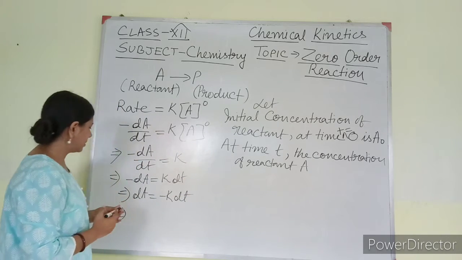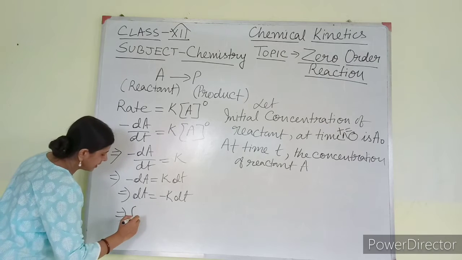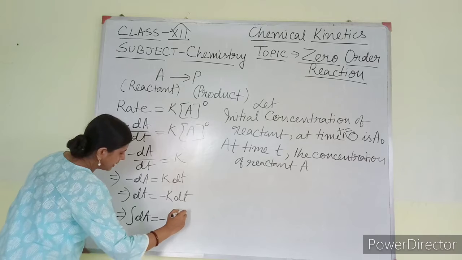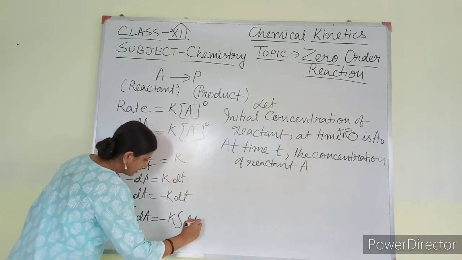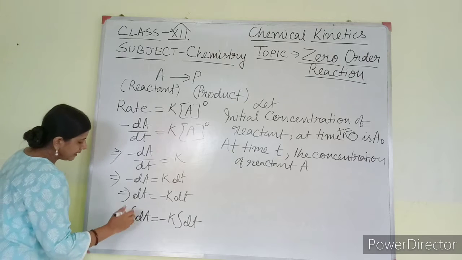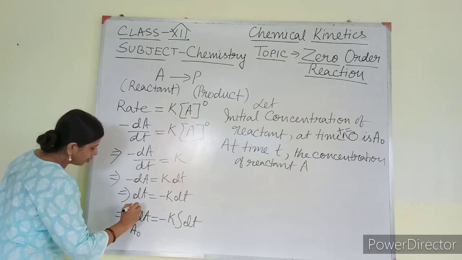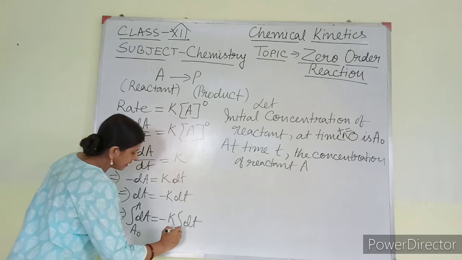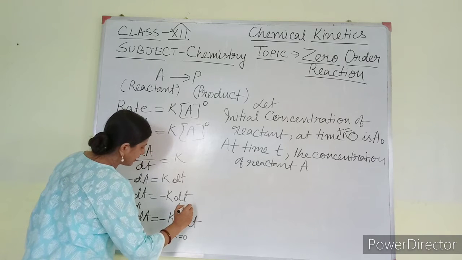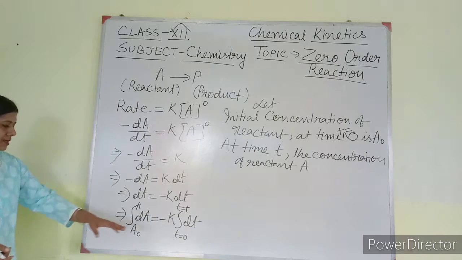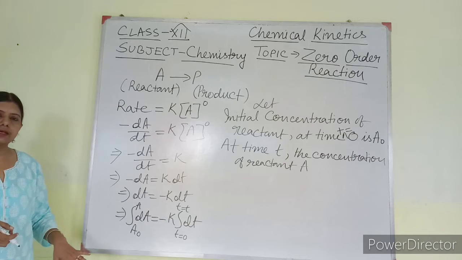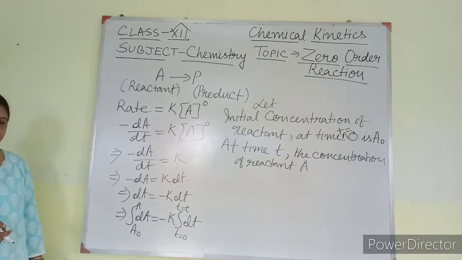So here I can write the equation as d[A] equal to minus k dt. Now the limits: for A, from A0 to A, and for t, from t equal to 0 to t equal to t. This is the way I will do the integration, which you have learned in math, so there is no problem.